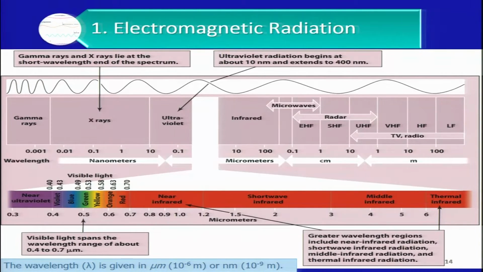Then we get into the microwaves and radar waves, and the waves we use for receiving the signals of TV and radio. Now, how far is this radiation absorbed by the earth?